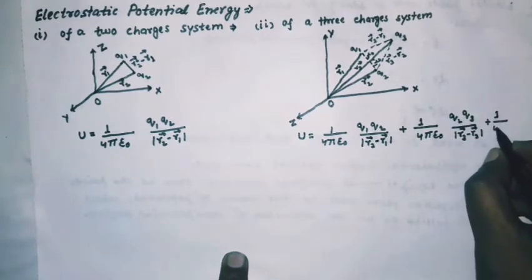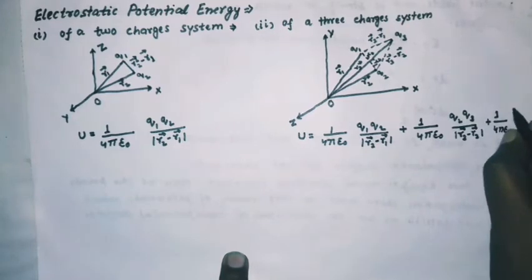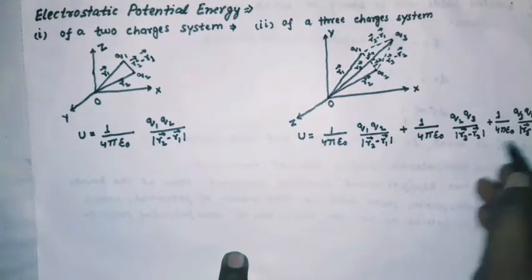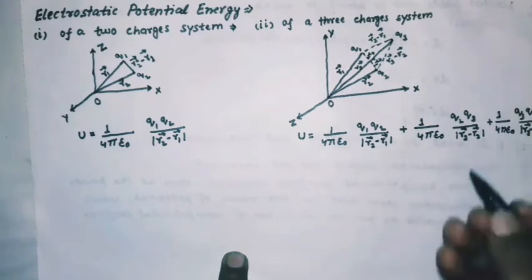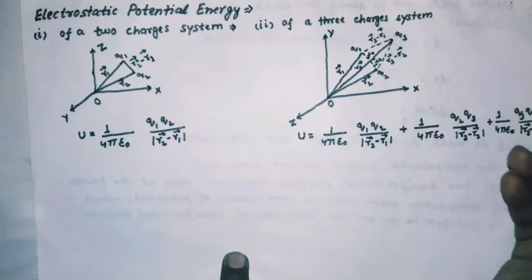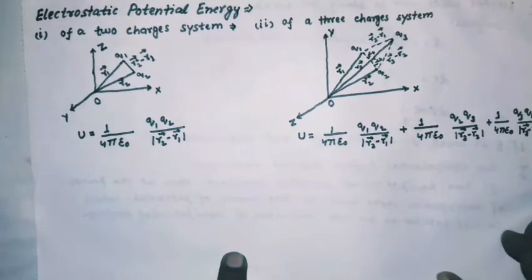This will be nothing but 1 upon 4 pi epsilon naught q3 q1 divided by r3 minus r1. So the sum of the individual potential energies is equal to the total potential energy of a three charges system.